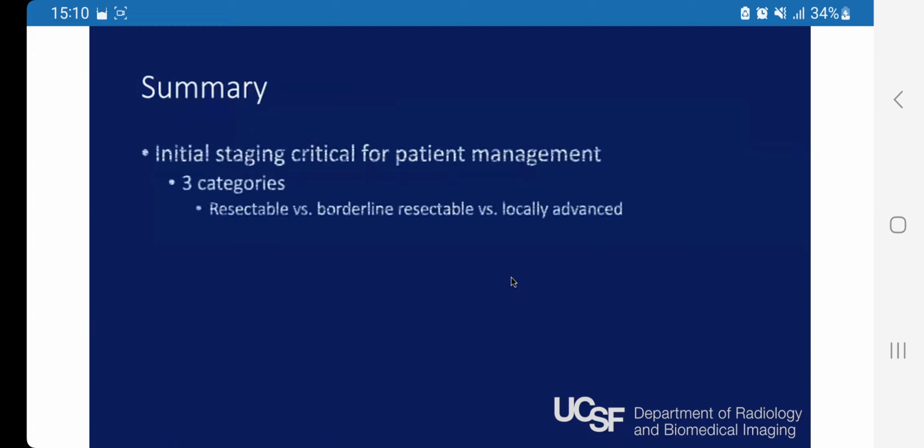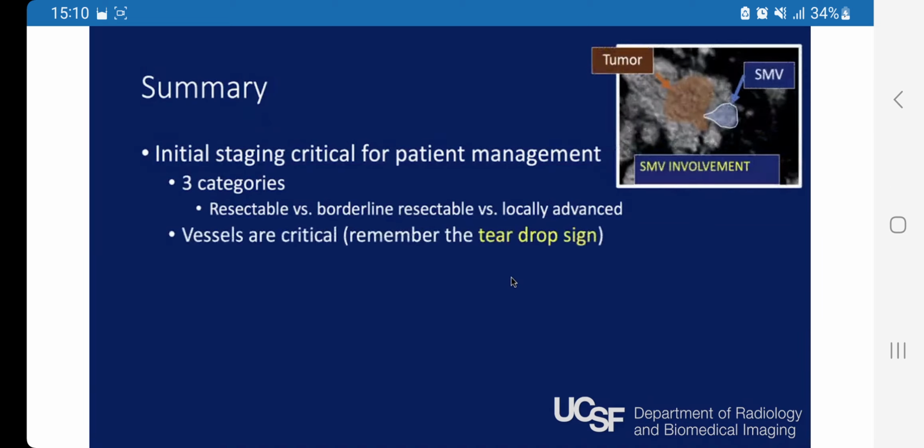Rarely bones are involved. Okay, to summarize, initial staging of PDAC includes resectable, borderline resectable, and locally advanced tumors. Determination of involvement of vessels is critical in initial staging.